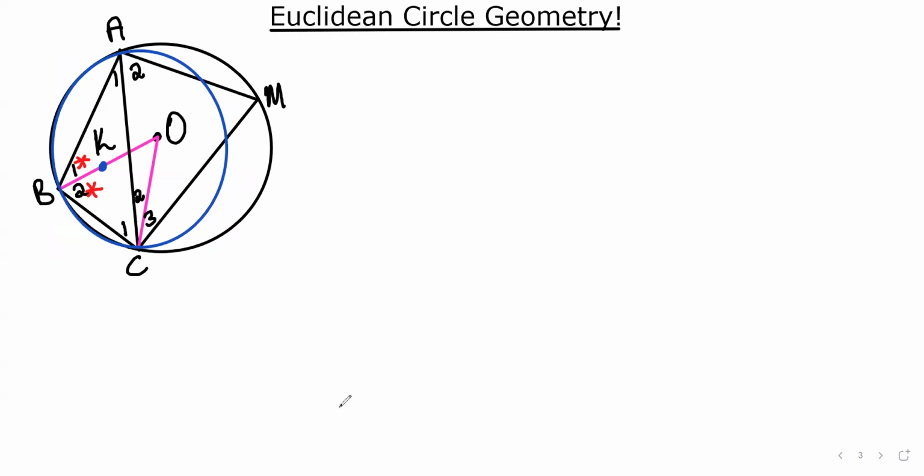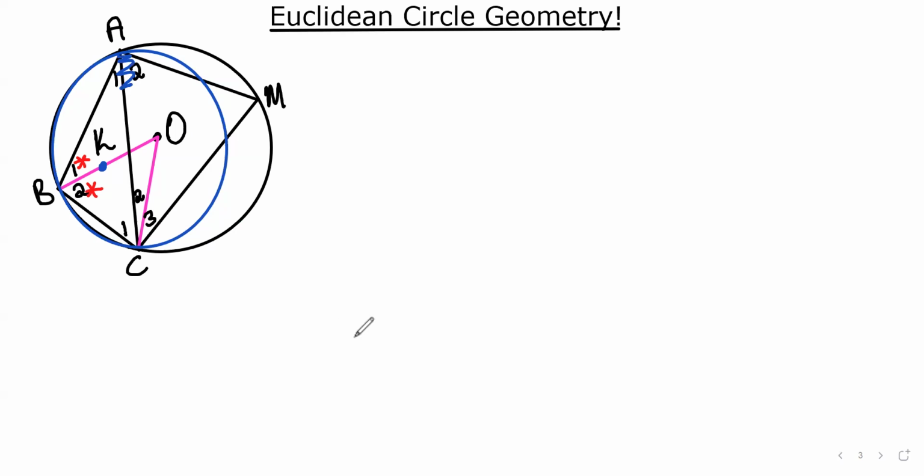So what does it mean? Does it mean anything if K is the center of that circle? Well, I know. No, because anyway, AC is the diameter of the blue circle. That's true. But then again, okay, no, it does tell us something.